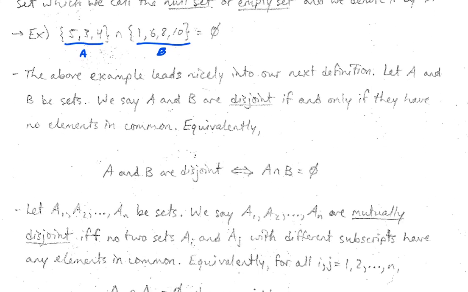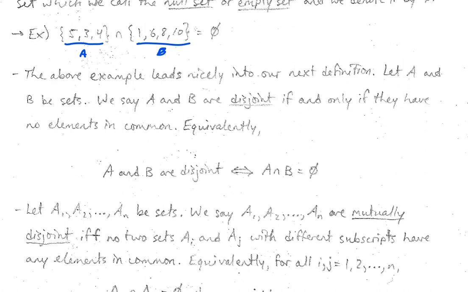Related to two sets being disjoint, if we are working with more than two sets, we can talk about things being mutually disjoint. Say we have several sets, A1, A2, A3, A4, all the way up to and including AN.